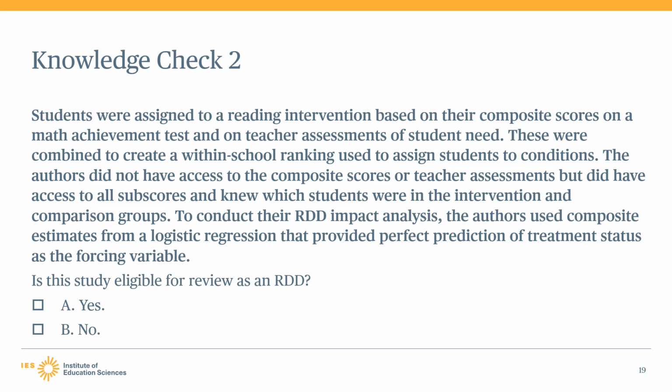The authors did not have access to the composite scores or teacher assessments, but did have access to all subscores and knew which students were in the intervention and comparison groups. To conduct their RDD impact analysis, the authors used composite estimates from a logistic regression that provided perfect prediction of treatment status as the forcing variable.